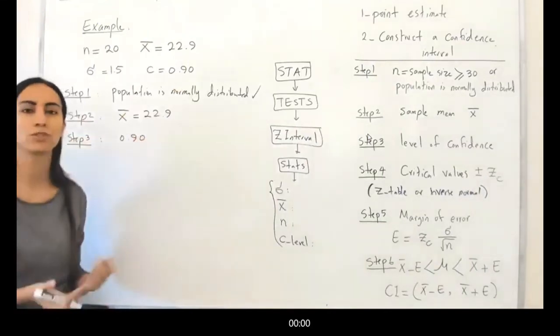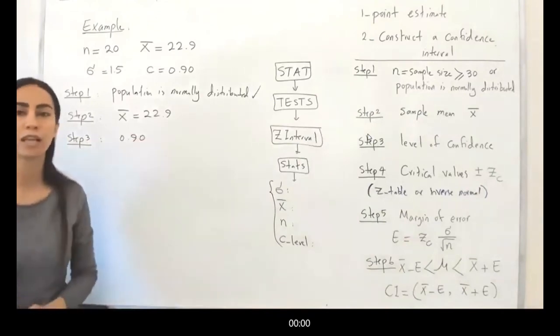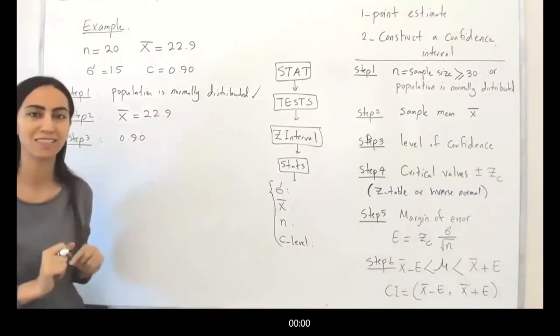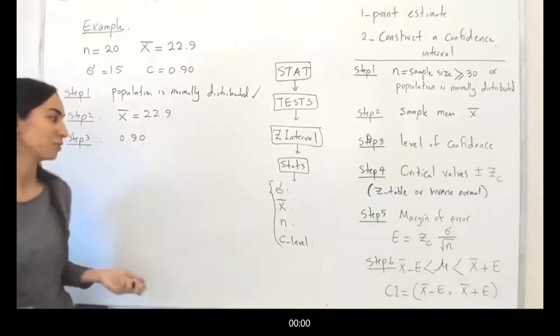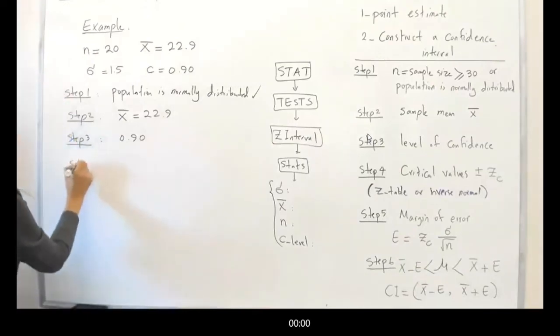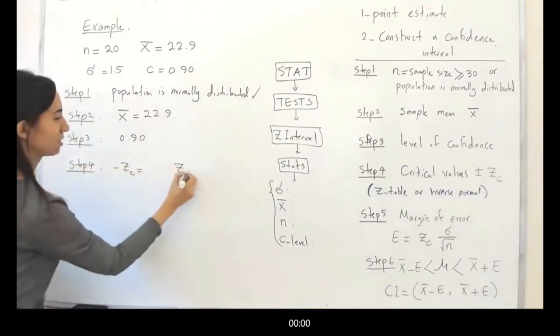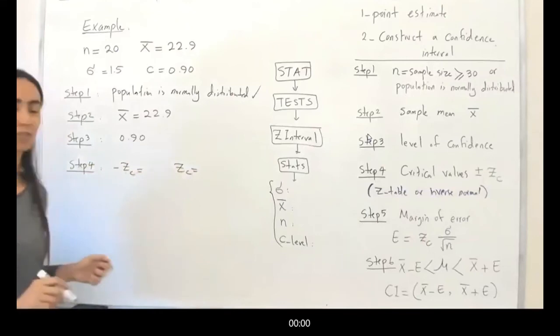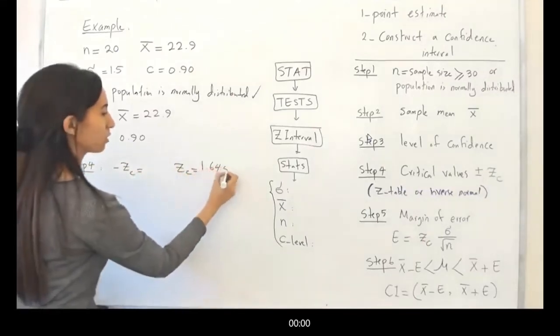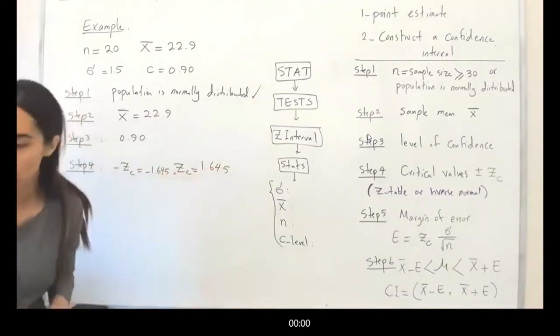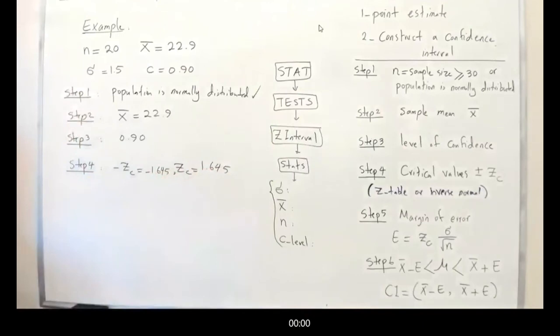So we can either use our inverse norm or use our z-table, or if you have your critical values written on your note, you know that negative ZC, positive ZC are equal to 1.645 and negative 1.645. Very well. Question in the chat? Yes, you can use that. You can either use your z-table or inverse norm.